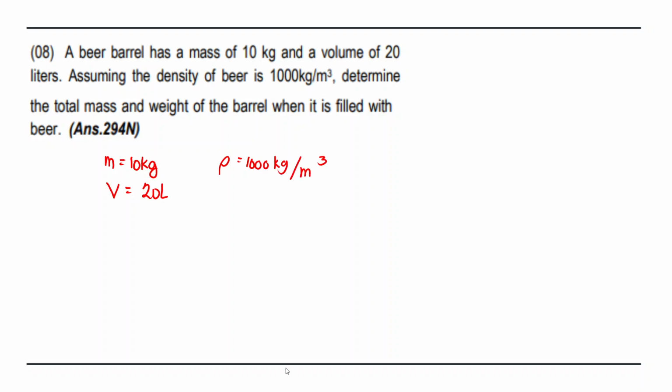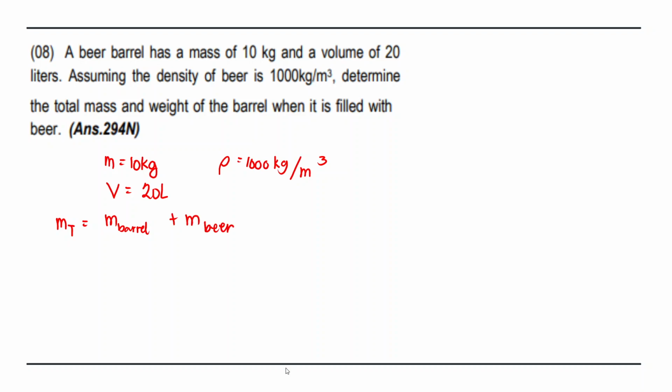So, ang tinatanong dito is the total mass, total mass nung barrel at saka nung beer. So, the total mass is equivalent to mass of the barrel plus the mass of the beer.